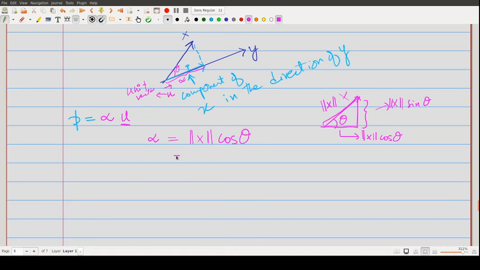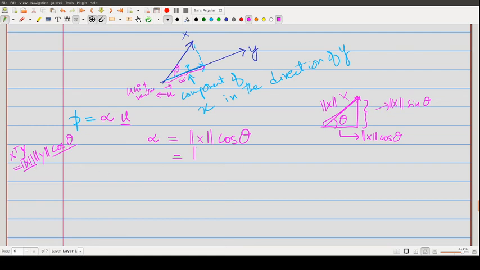Now recall that x transpose y is simply the magnitude of x, magnitude of y times cosine theta. I already have magnitude of x times cosine theta. All I need is magnitude of y.